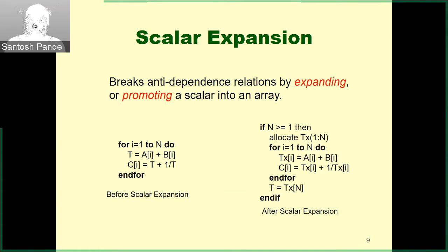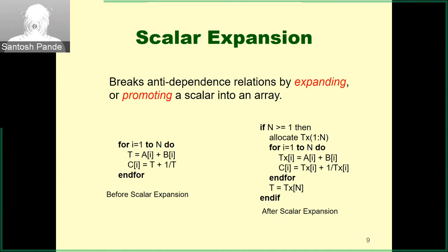We take this variable and expand it into Tx of i, checking that the loop executes at least once and so on. Now each use of T is limited to the current iteration, and that is guaranteed here. That's how we have removed this anti-dependence.